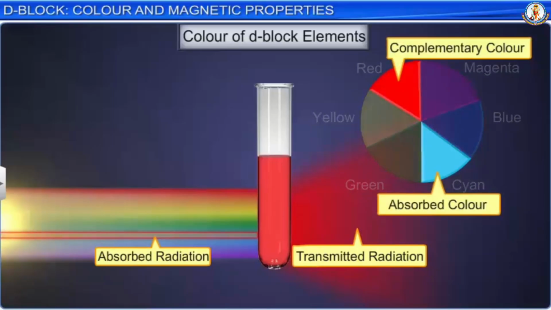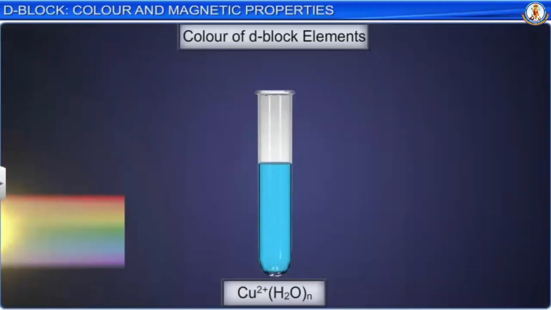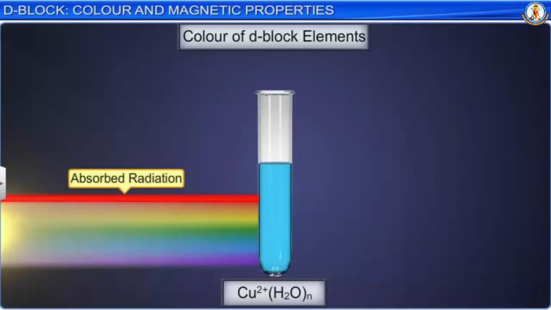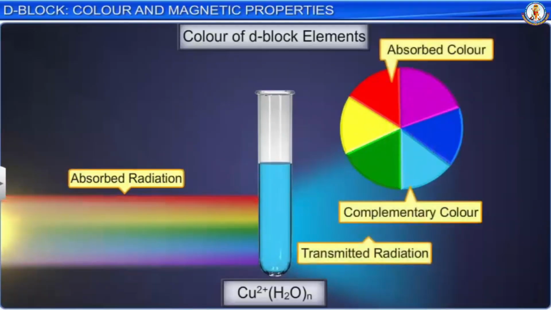For example, hydrated Cu2+ ions absorb radiation of wavelengths corresponding to red light and transmit its complementary color blue. The colors of some hydrated ions of the 3d series of elements are given.